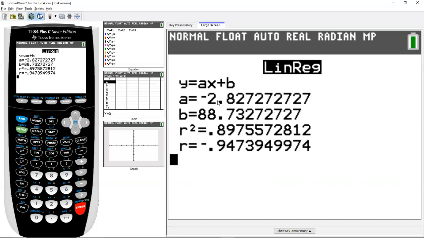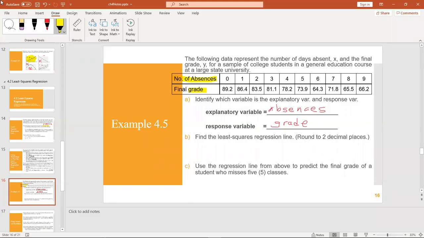So we've got negative 2.83. I believe it asked for 2 decimal points, yes? So I'm going to jot these down first. A is negative 2.83.